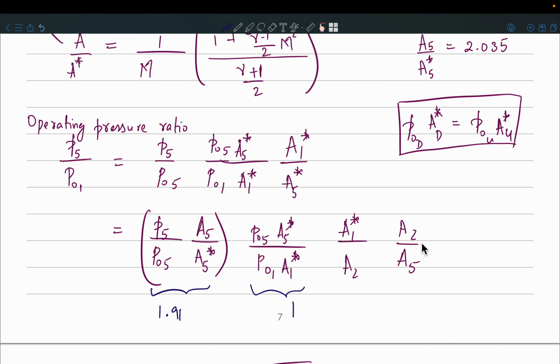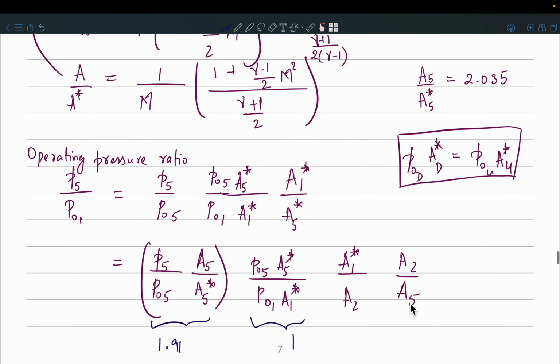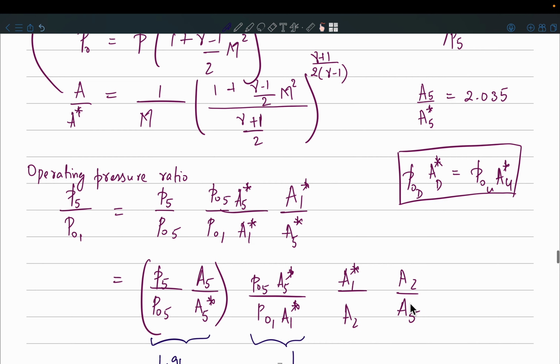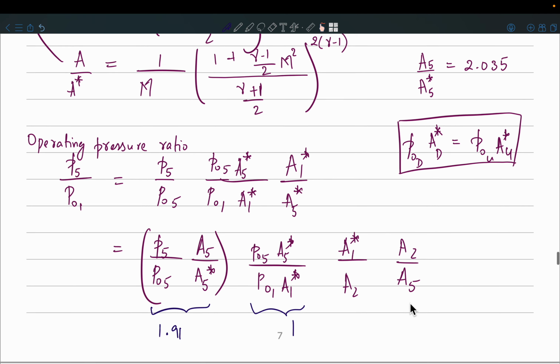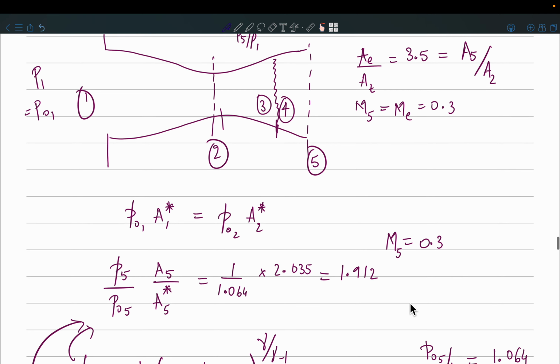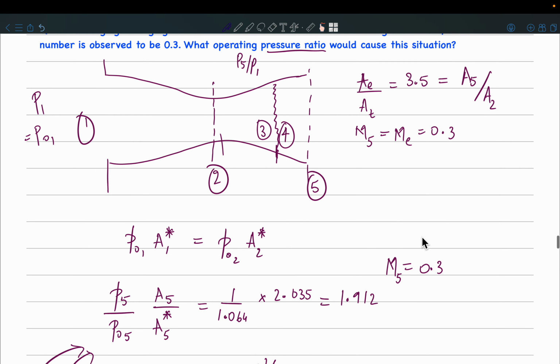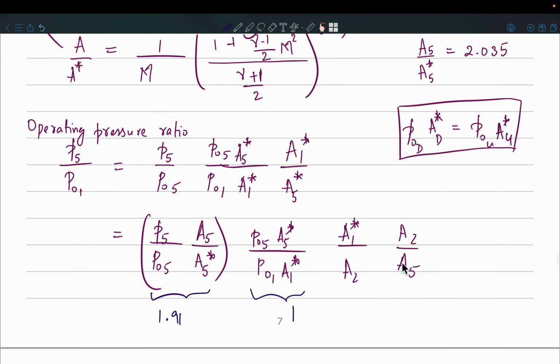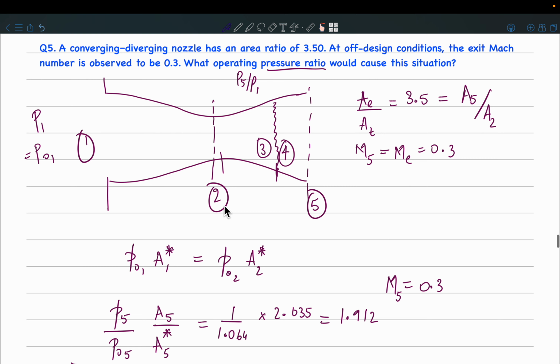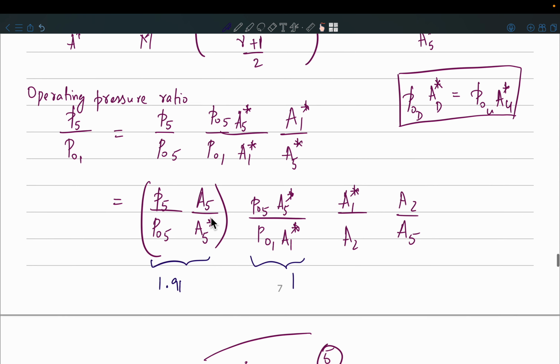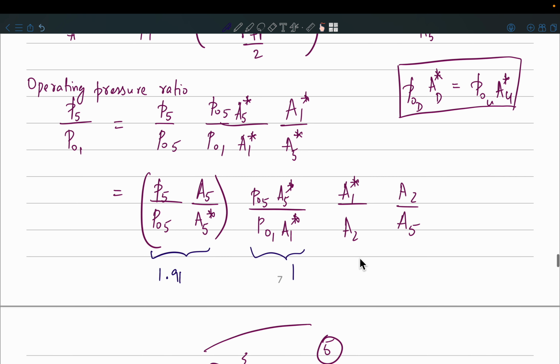And do we have the area ratio A2 by A5? Yes. So that was given to us, which is 3.5. That is why, if you were wondering why I introduced this 2, the reason is that we are given the relation to the throat area, isn't it? So that is why I introduced this A2 over here. So A2 by A5 is given to me as 3.5.